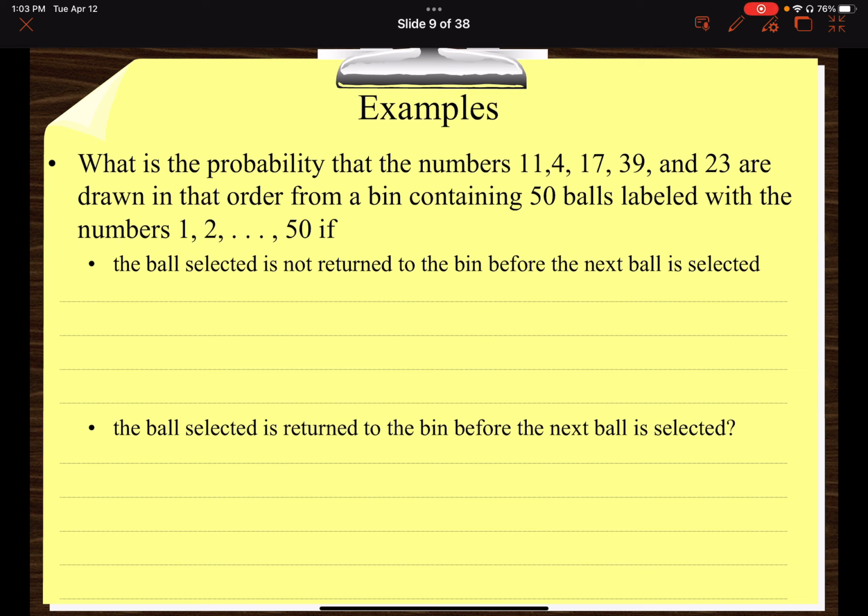Now, these two things have specific names, especially if you do simulations. Maybe I should have put them inside the slides, but since it was not done, let's do it now. So basically, if the ball selected is not returned to the bin after we choose it, we call this sampling without replacement.